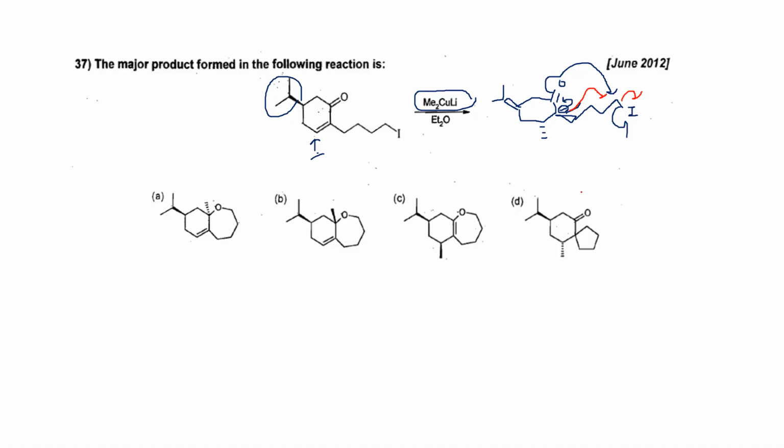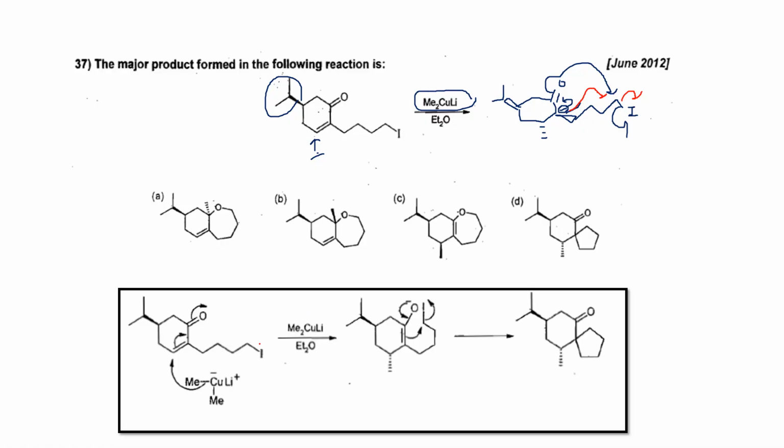So what will be the correct option? Let's see. As I said, this will attack the beta position. After that, this carbon anion will attack this carbon and remove the iodine from the system, generating a 6,5 fused bicyclic ring. So the correct option is option D.